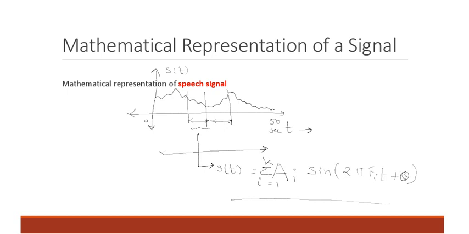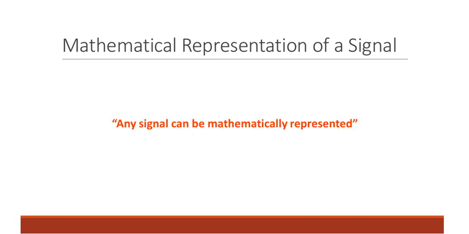So summarizing here, we can say that any signal can be mathematically represented. Let me make you recall, you have already studied the subject called analog communication, wherein you studied amplitude modulation and frequency modulation. Do you remember how you had modeled the signal equation for AM and for FM?